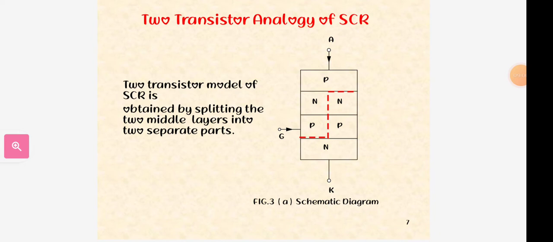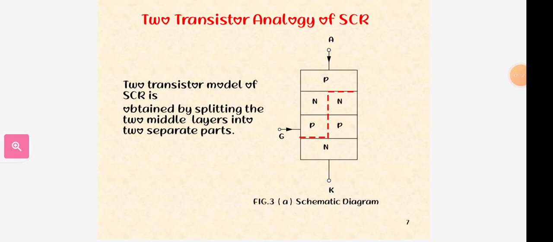The 2 transistor model is obtained by bisecting the 2 middle layers. In this, it has the red dotted lines, so the thyristor is bisected into 2 portions as shown by the dotted lines, separated into 2 halves. It has 3 junctions, J1, J2 and J3.